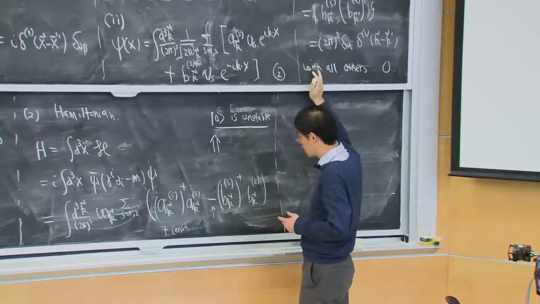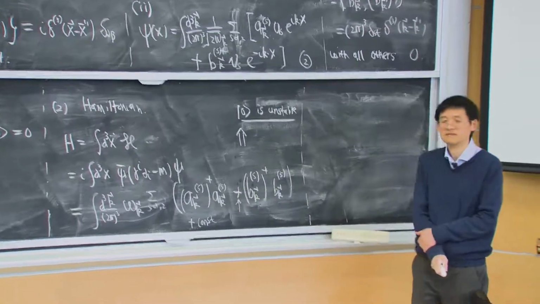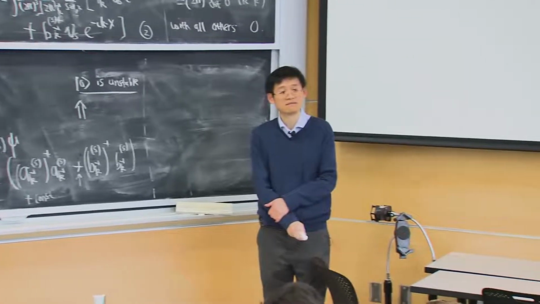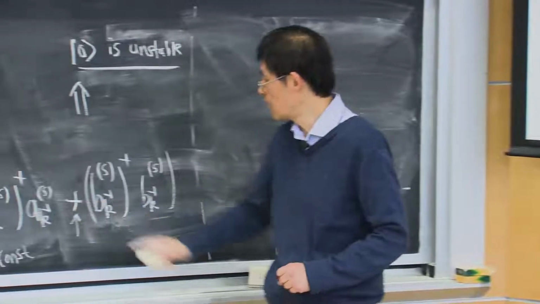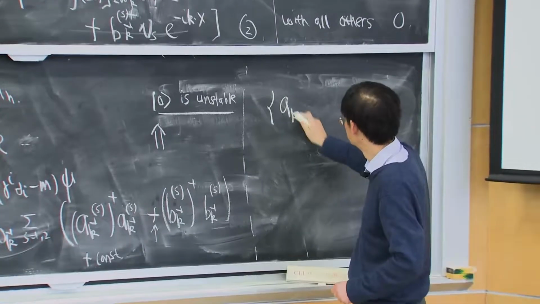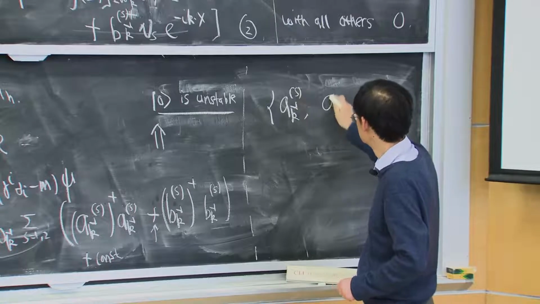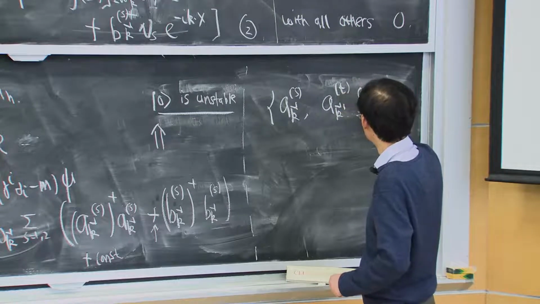Now this becomes a plus sign. And not only does this become a plus sign, but also all different A_k for different S and T anti-commute with each other.